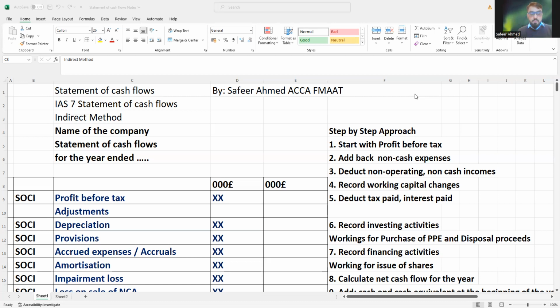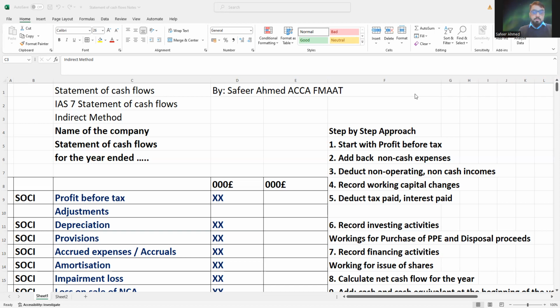So therefore, we have included non-cash expenses, such as depreciation, when we have prepared the income statement or statement of comprehensive income. Similarly, we have recorded sales income which we have not received yet, but we have earned. So therefore, the profit figure we have is not going to be the same as our cash in the business bank account.